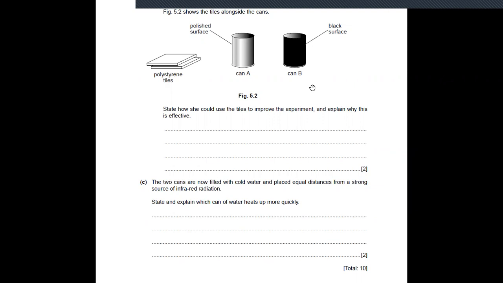The can with a black surface heats up quickly, as black is a good absorber of heat. Good.